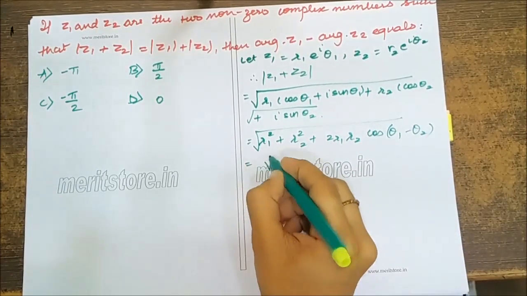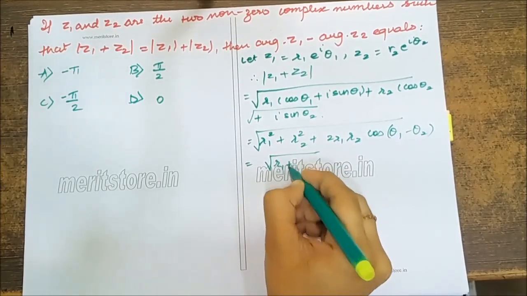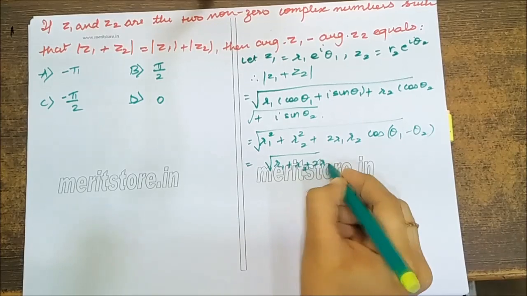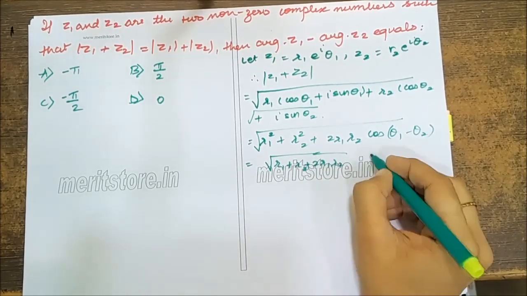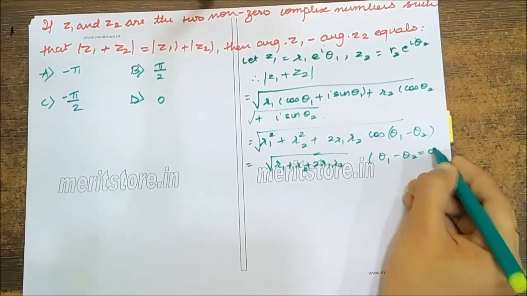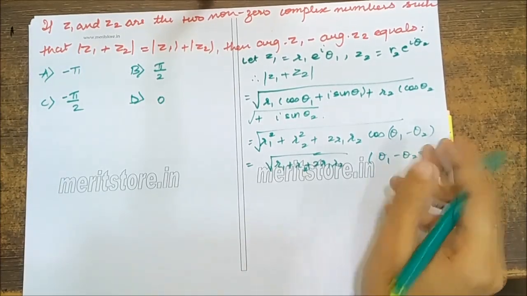Therefore r1 plus r2 is equal to this, plus 2r1 r2. Here theta 1 minus theta 2 is equal to 0. So cos 0 is 1.